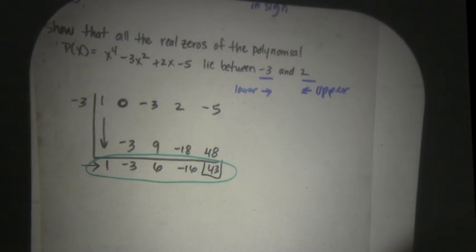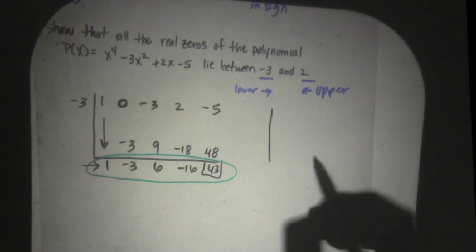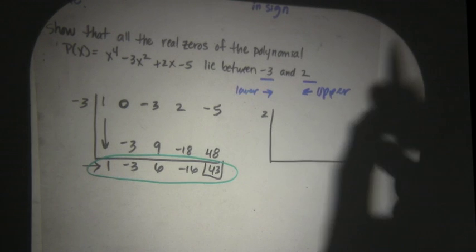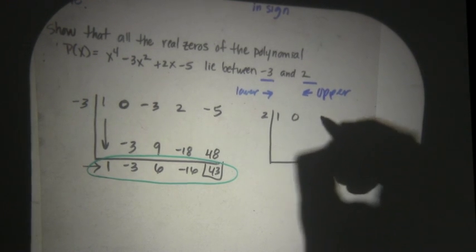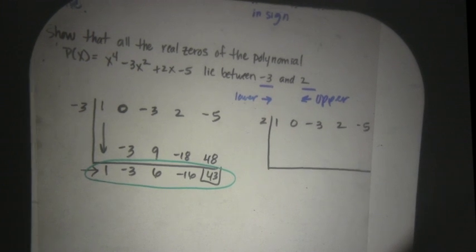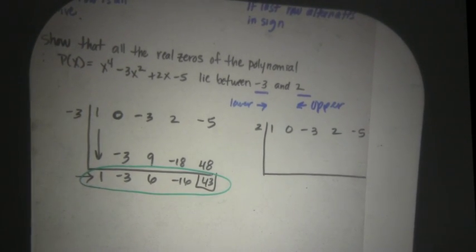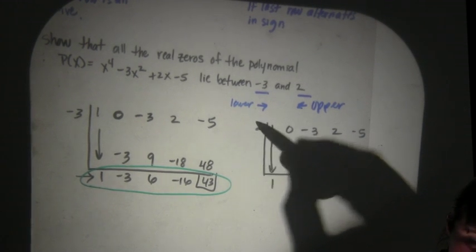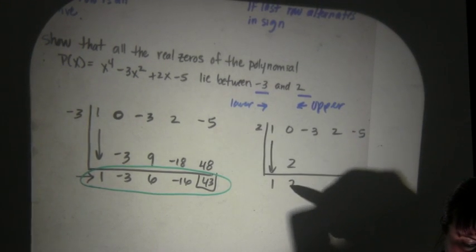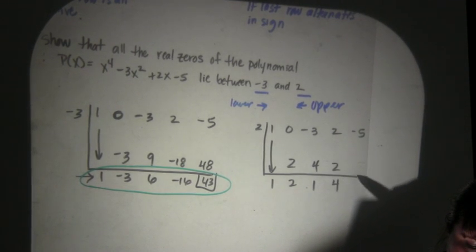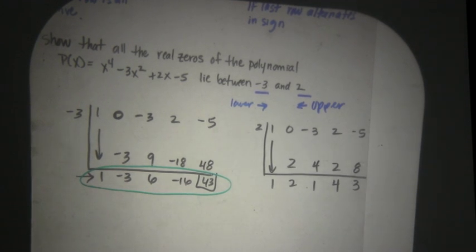Likewise, we can use the same system, and this time we're checking the upper bound. So we're going to go 1, 0, -3, 2, -5. And this time we're going to try the 2 to see if 2 is an upper bound. So I bring my 1 down, multiply diagonally, add vertically. Eight minus 5 is 3. So we get 1, 2, 1, 4, 3.